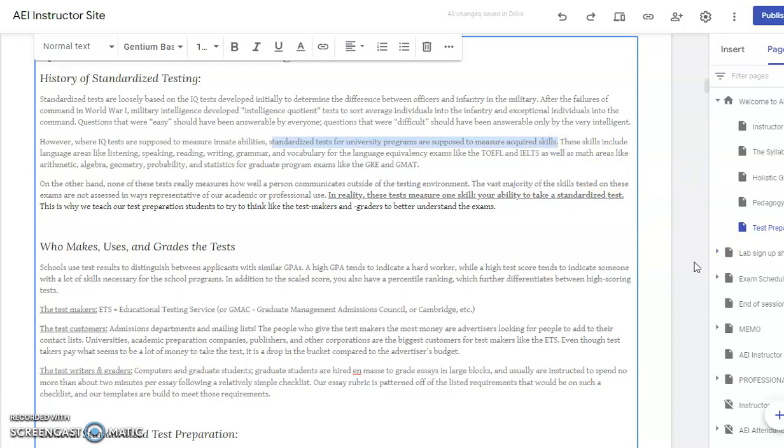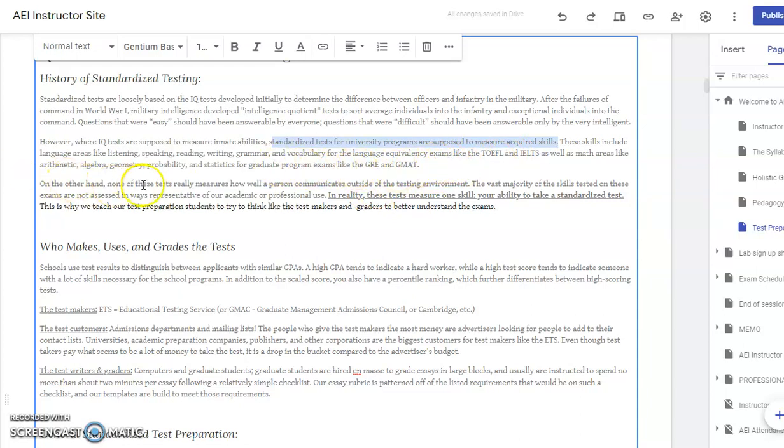So these will include skills in language areas, things like your ability to listen and take notes, to speak clearly and persuasively, to write argumentatively, to have correct grammar and use and identify correct vocabulary for your language equivalency exams, that's TOEFL and IELTS, as well as math areas for the quantitative sections of graduate program exams like the GRE and GMAT.